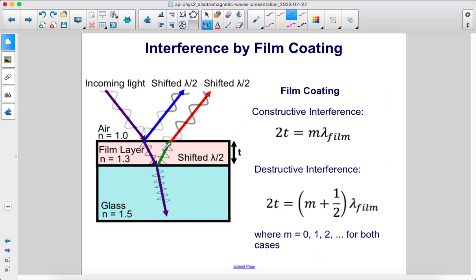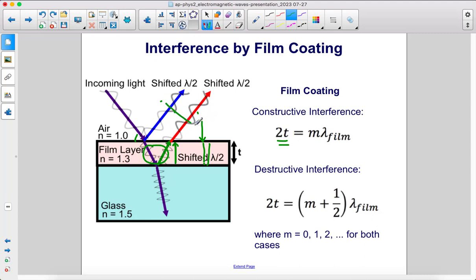Okay, so if the transmitted ray here travels an extra distance of exactly 2T, so we're assuming that the light's going straight in, it's not actually going in at an angle like this. If that is an integer multiple of the wavelength of the light inside the film, then these two waves at the end will be in sync with each other.